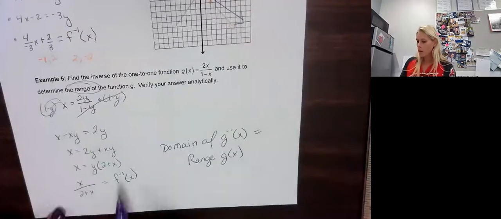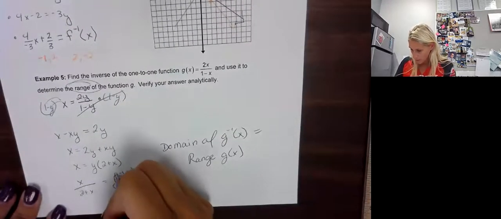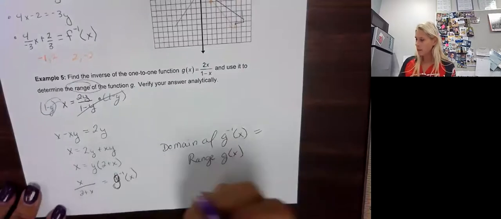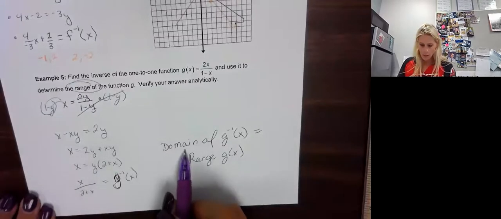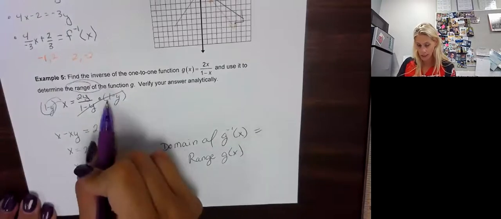Okay, so we can conclude, oh, and this should be G, not F. Sorry, guys. Okay, so we can determine the domain here, and that domain is actually the range up here.